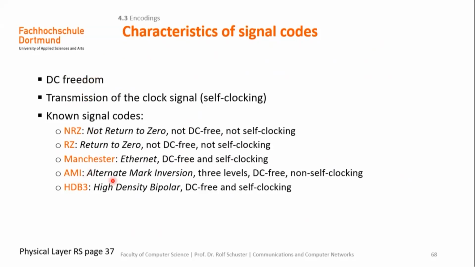AMI, alternate mark inversion, is a 3-level encoding. It is DC free, but it is not self-clocking. Then we need to use AMI with another technique that permits to transmit some transition in order to provide clocking.